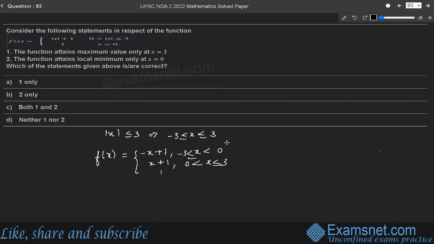Also, f of x is 1 when x is equals to 0. Therefore, f dash x will be equals to minus 1 when x lies between minus 3 and 0, 1 when x lies between 0 and 3, and 0 when x is equals to 0. I hope it is clear to you.